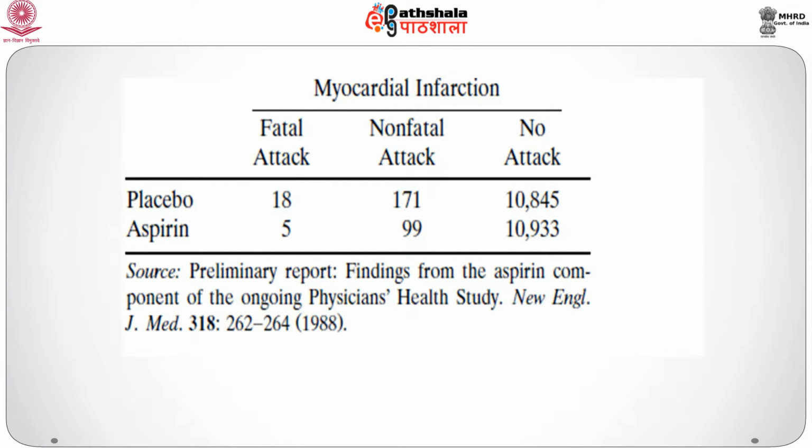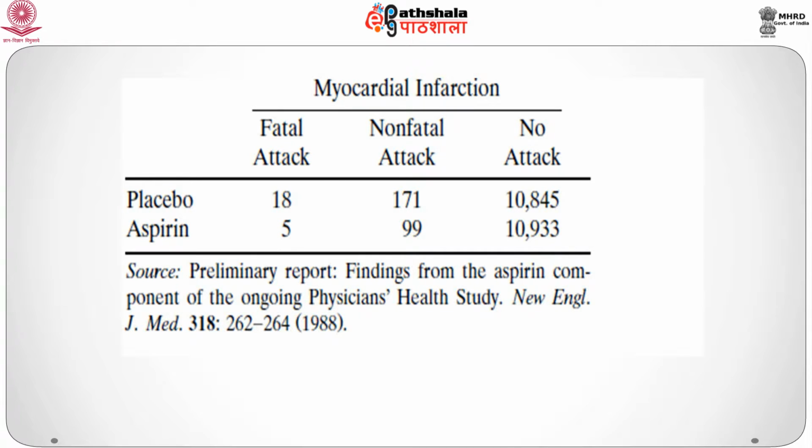So to begin with, here is a motivating example. Along the rows here, I am looking at two groups who have been assigned either placebo or aspirin. Along the columns, I am looking in fact at 3 categories, which is fatal attack, non-fatal attack, and no attack.